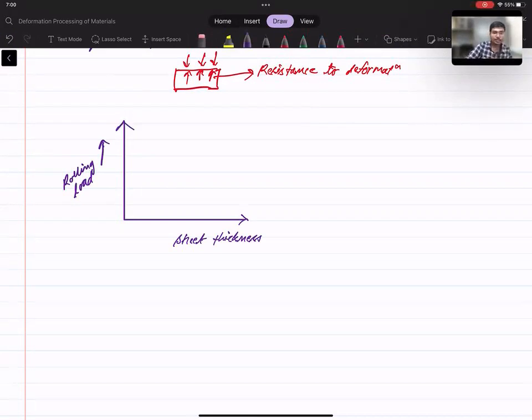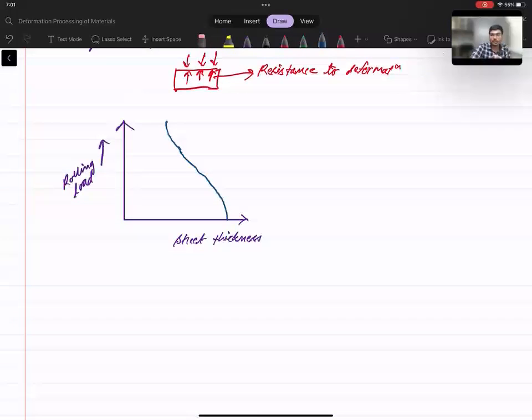Then the typical plastic curve of the mill is represented as, let me use another color for this. So this will be something like this. Okay, this is the plastic curve. And also there will be an elastic curve which will be correlating the elastic deformation of the rolls and workpiece.